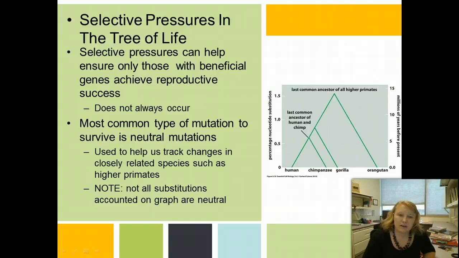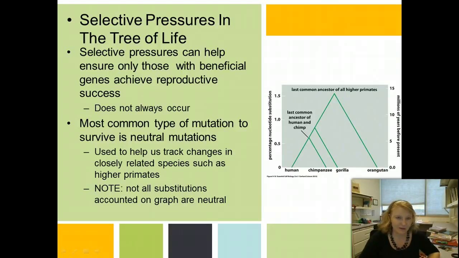Now what you can see here on this slide is we have an image of how the last common ancestor of all primates is at the top of this pyramid shape, this triangle shape here. And you can see that orangutans and humans differ by about 3% of their nucleotide substitutions, whereas us and chimpanzees are about 1%. And most of these differences are neutral mutations.